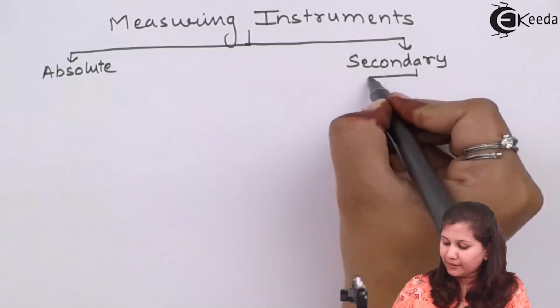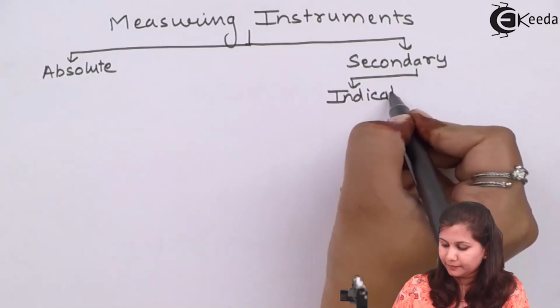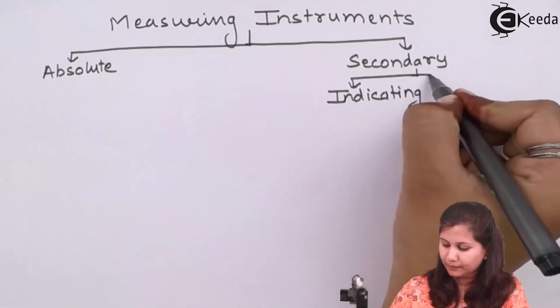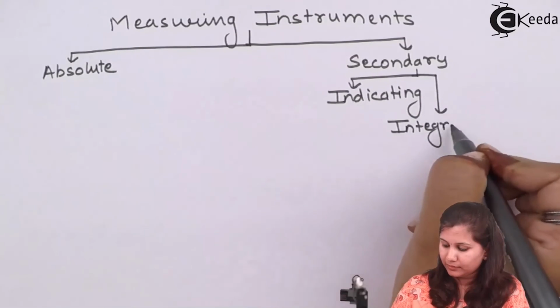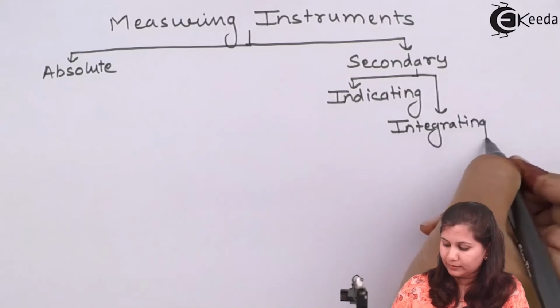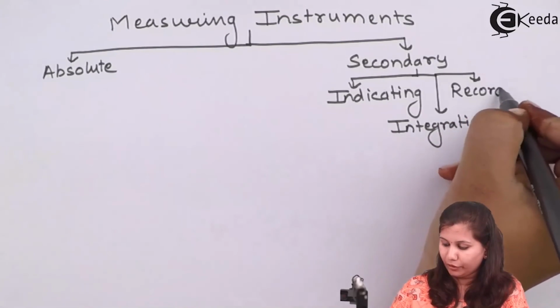Secondary instruments were further classified into indicating, integrating, and recording.